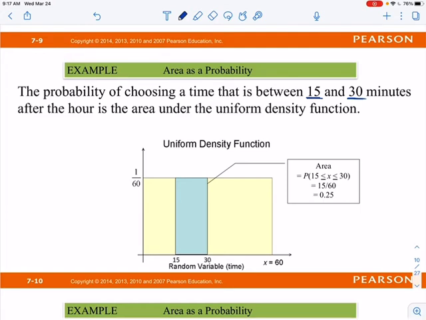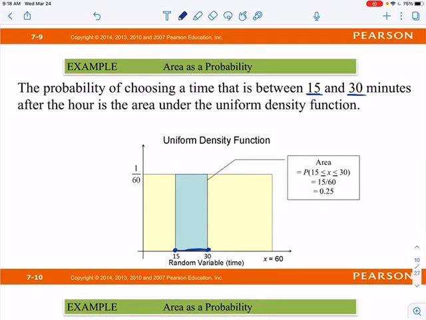So in my graph, all I did was go to where x was 15 and x was 30. Now all I want to do is complete that rectangle. That would be my length on the bottom, and then my width, and then we color it in. So the area of that rectangle would be the probability. Area, probability, proportion all mean the same thing.